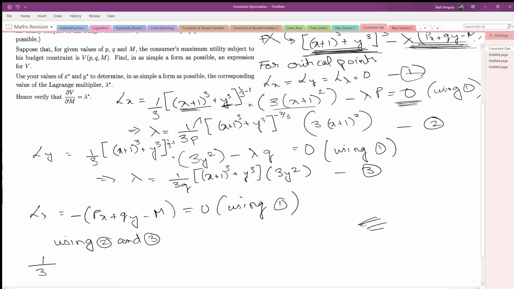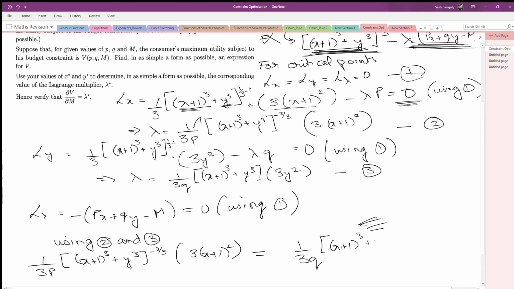1 by 3p times x plus 1 cube plus y cube to the power minus 2 by 3 times 3x plus 1 whole square would be equal to 1 by 3q this time, x plus 1 whole cube plus y cube to the power minus 2 by 3 times 3y square, right?